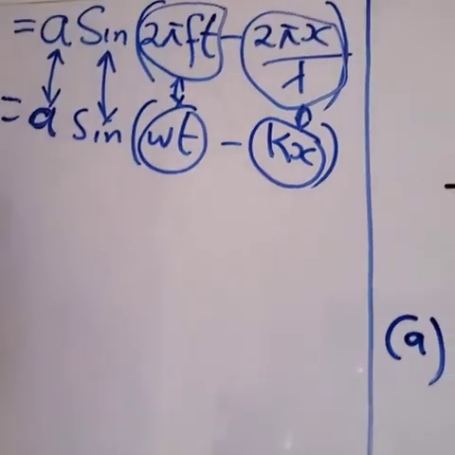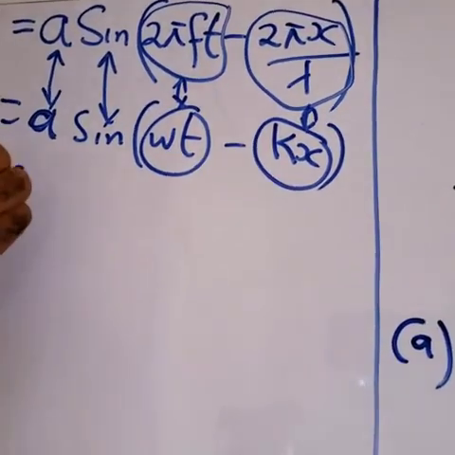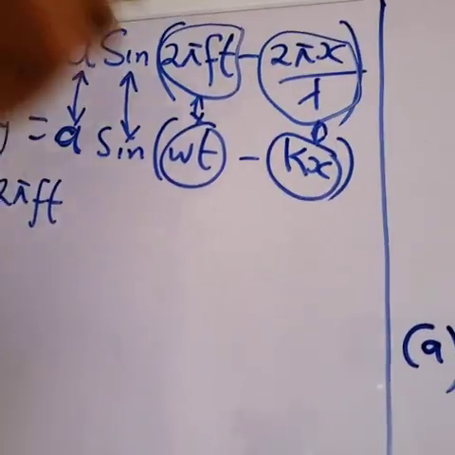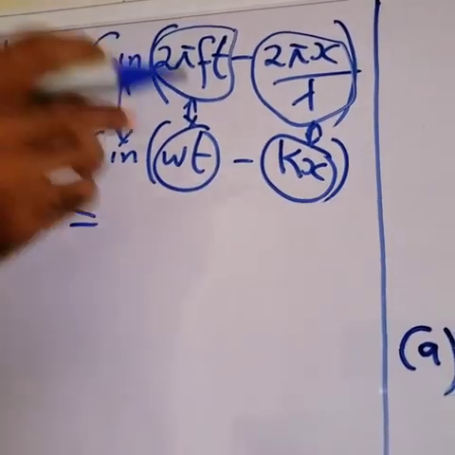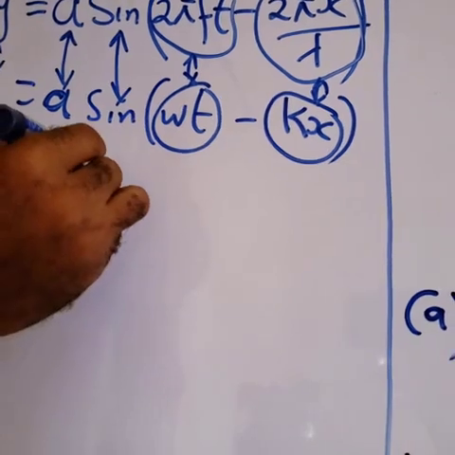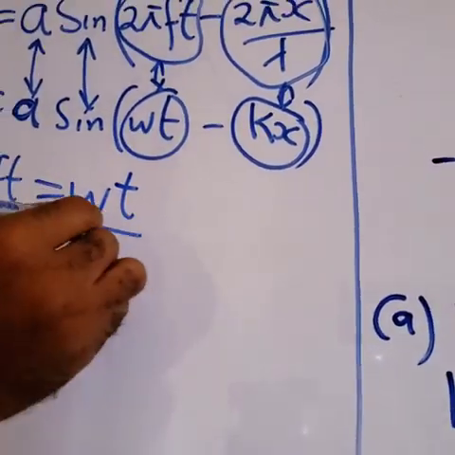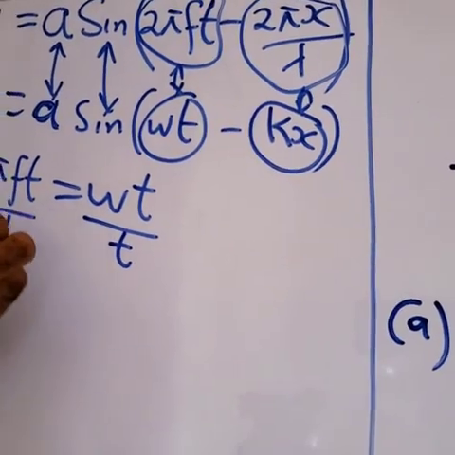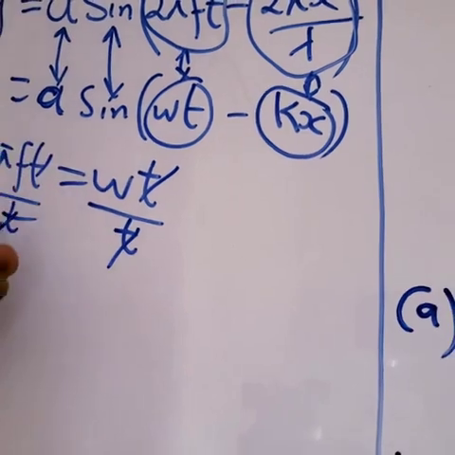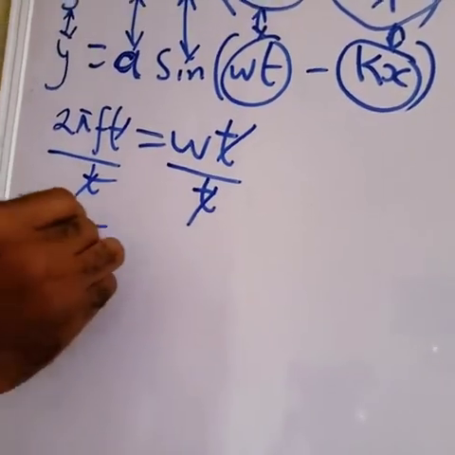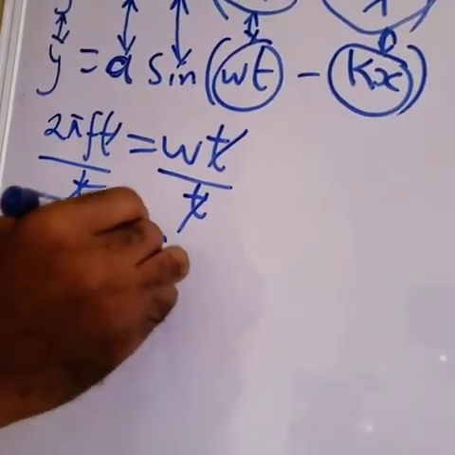In place of 2 pi f t from the general wave equation, from the one given to you, who is in that position? Omega t. If you divide both sides by t, this t will cancel, this one will cancel. You see, omega comes out to be 2 pi f, which is what we said earlier.